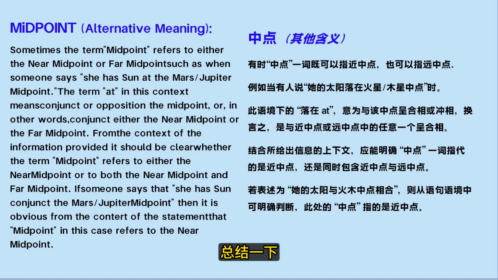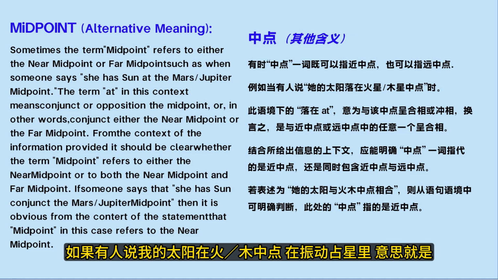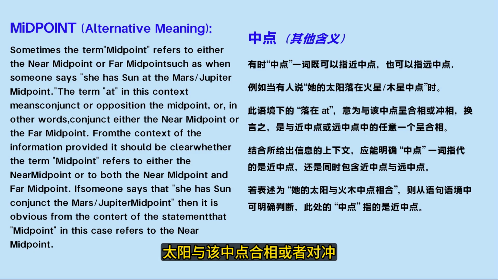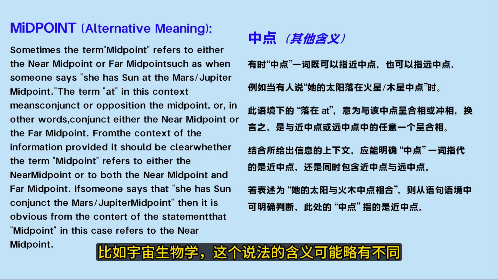So the bottom line is this: if someone says, my sun is at the Mars-Jupiter midpoint, it means the sun is conjunct or opposition that midpoint in vibrational astrology. Now, in other systems of astrology, like cosmobiology, it can have a different meaning, and that's why it's good for us to go over these basics in VA language.